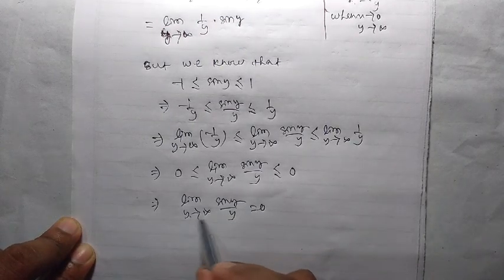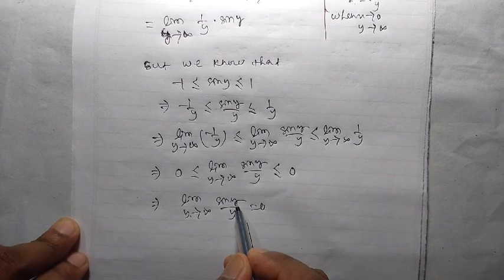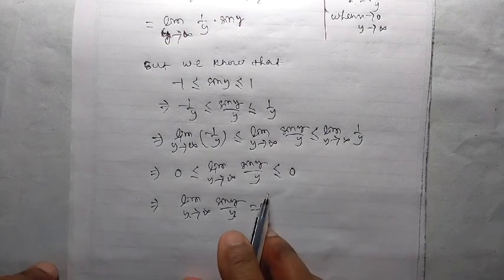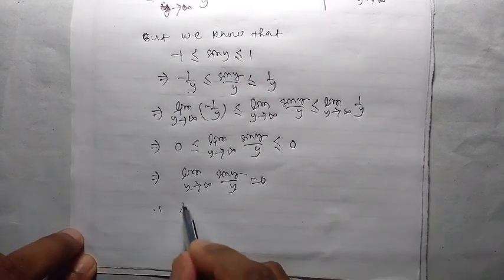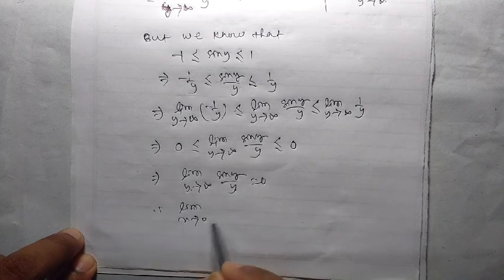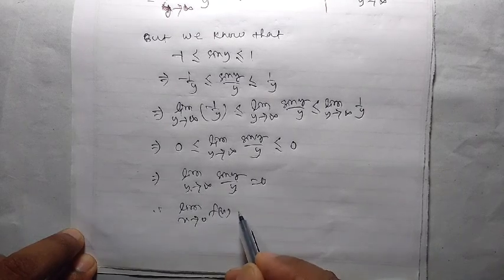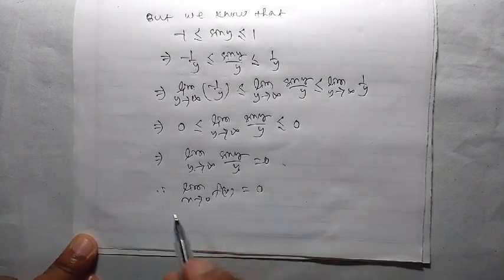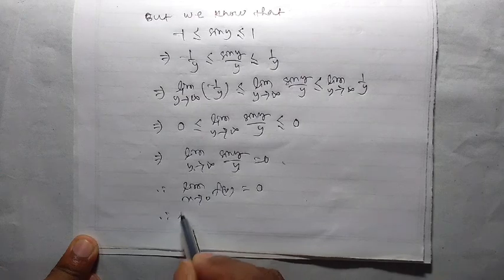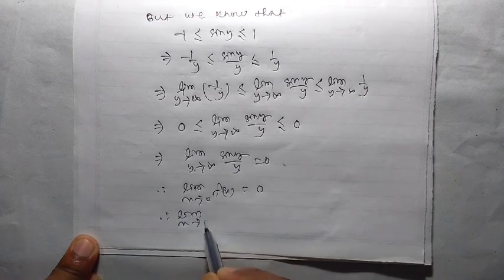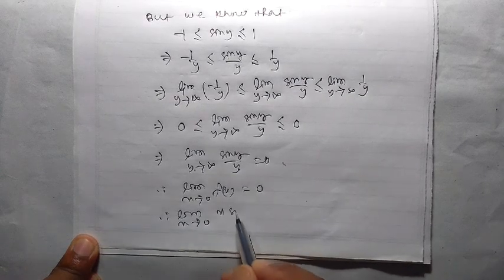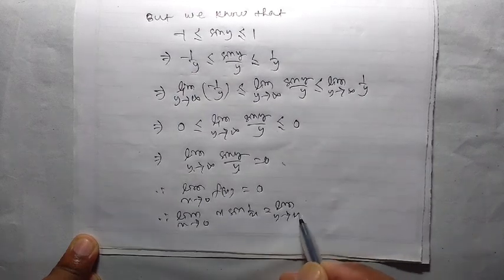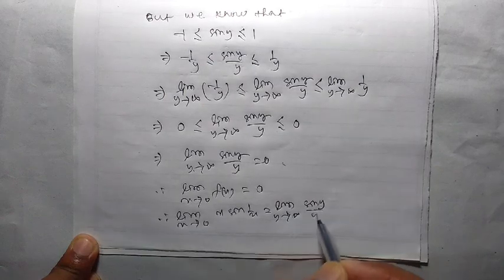Why is this 0? You see, y tends to infinity, sin y is a value which lies between minus 1 and 1, that is some constant by infinity is equal to 0. Therefore limit x tends to 0 f of x is equal to 0. Therefore limit x tends to 0 x sin 1 by x is equal to limit y tends to infinity sin y by y is equal to 0.